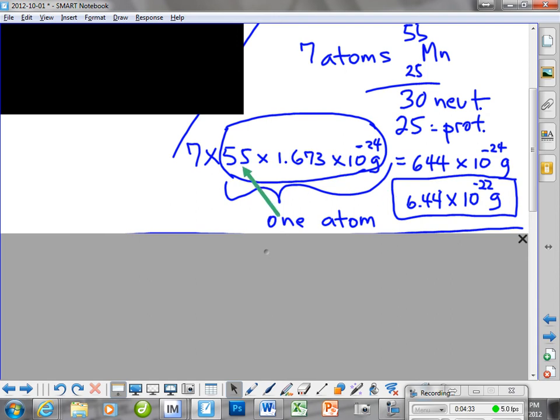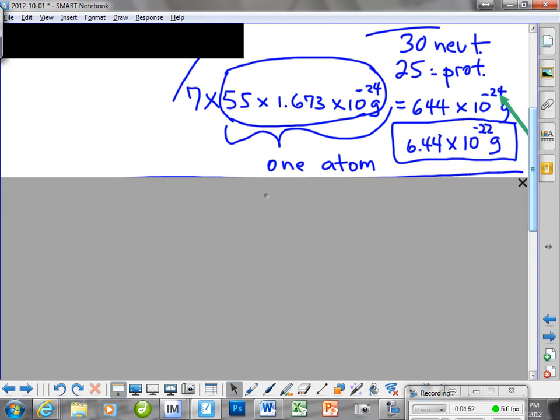Looking at just these two numbers, as we multiply these two together and then multiply by this, we come up with 644. And that's still times 10 to the minus 24.